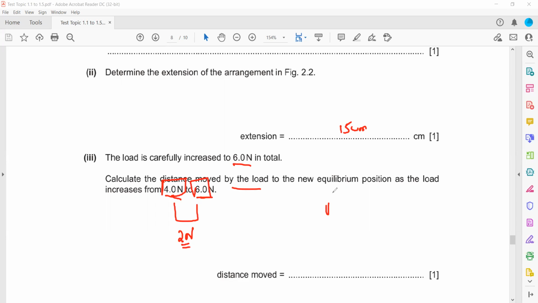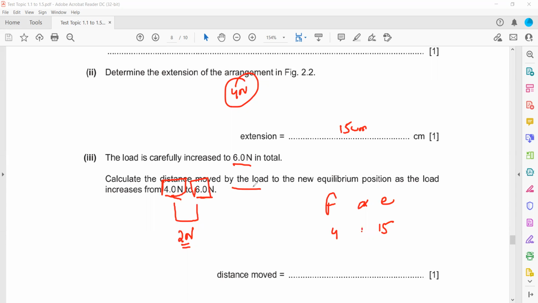And we have the formula: force and extension are directly proportional. Whenever two quantities are directly proportional, their ratio will be constant. In the previous one, we were applying a force of 4 Newton, and it was causing an extension of 15 centimeters to the whole system.